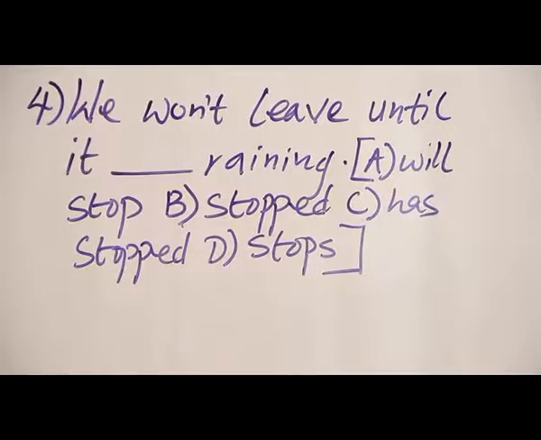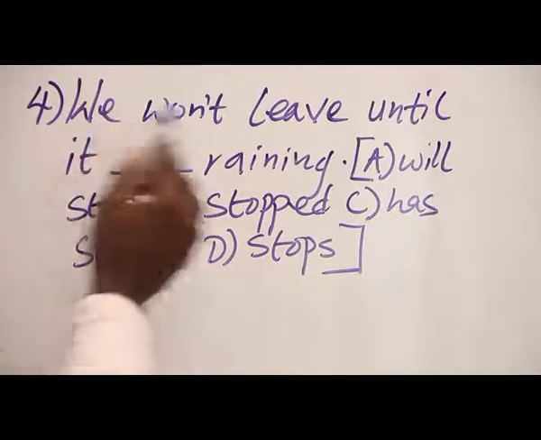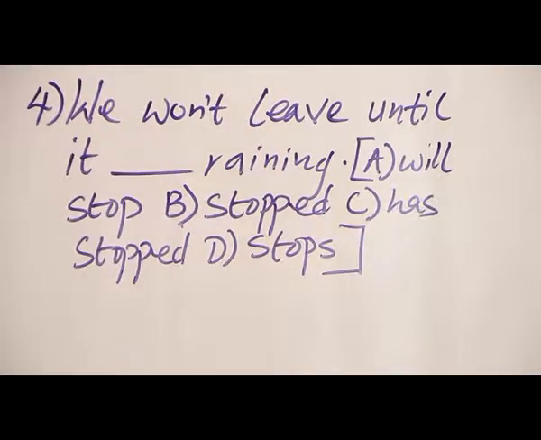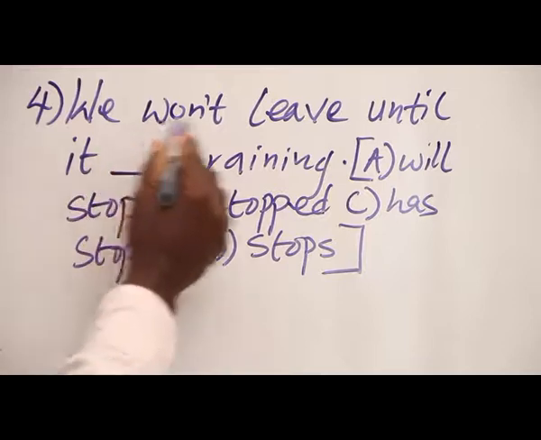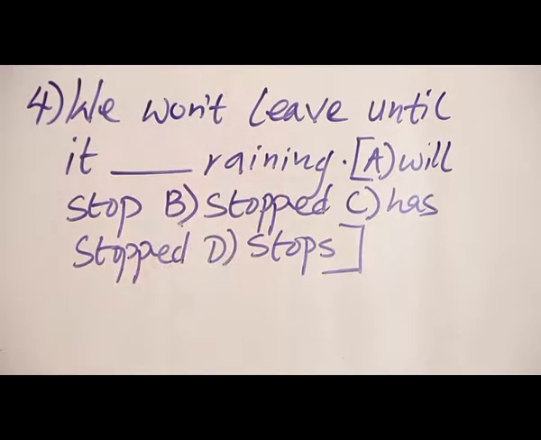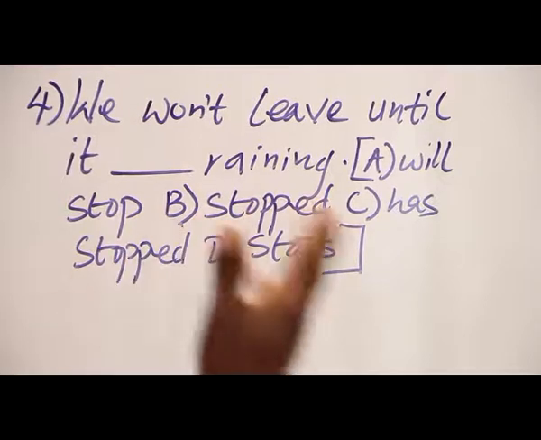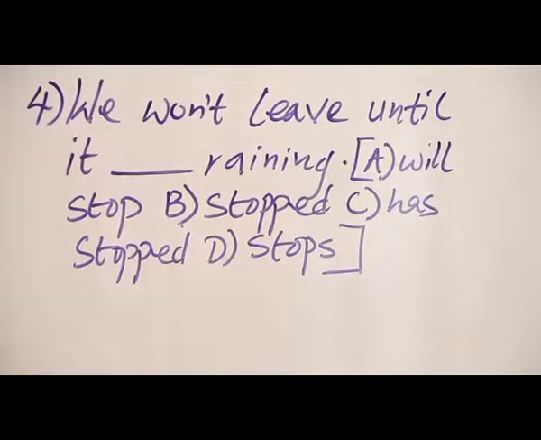Now, what is our answer? You have a complex sentence here with the main clause, we won't leave, and then the subordinate clause, until it dash raining. If you look at our main clause, the verb there is won't, meaning will and not, plus leave, of course. That is simple future tense.